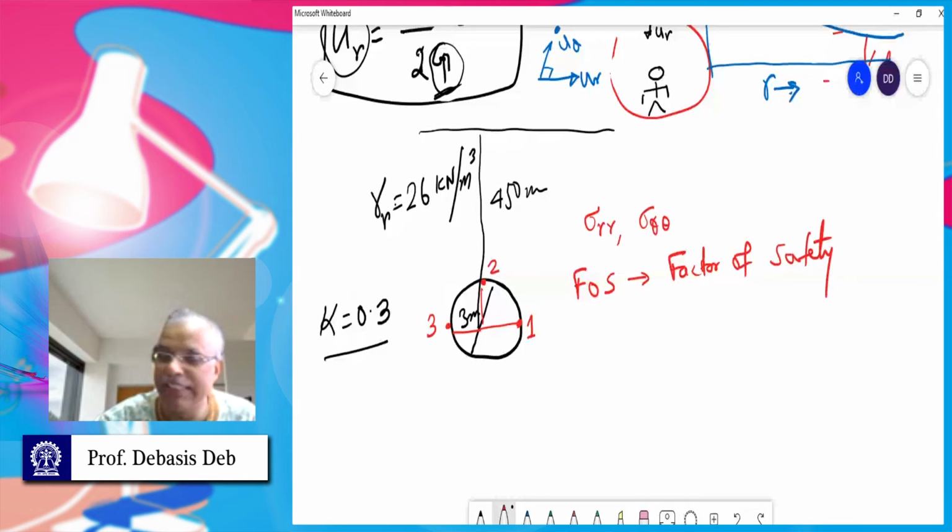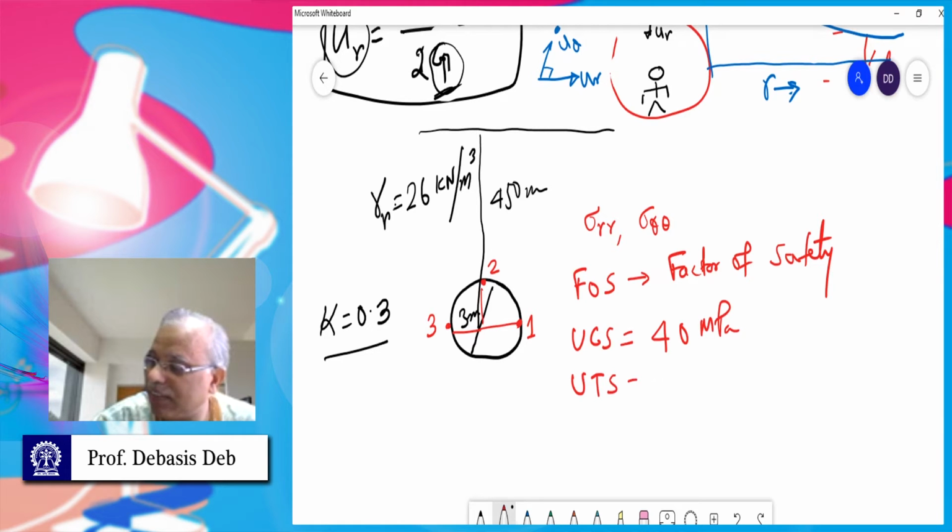We have to calculate at these 3 points, given that UCS, uniaxial compressive strength, is 40 MPa and UTS, uniaxial tensile strength, is 2 MPa. So the first problem is clear.